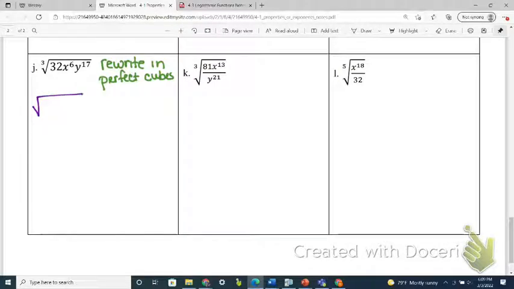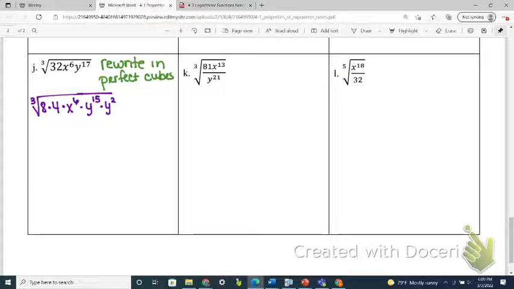And in this case, that is 8. So 8 times 4 gets me 32. X to the 6 is divisible by 3, so that's fine. Y to the 17th is not. So then I go down. Y to the 16th. That's not divisible by 3 either. Y to the 15th is, and how many more y's do I need? I need 2 more, so that's a y squared. Because remember, they still have to add up to 17.